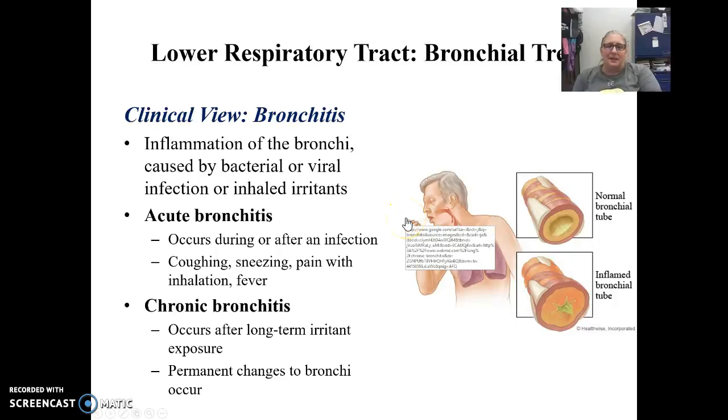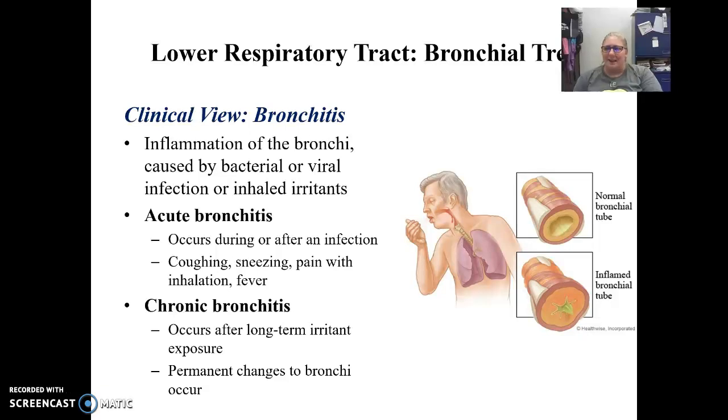A disorder associated with the bronchi is bronchitis. Bronchitis is inflammation of the bronchial airway. And this is usually associated with either a viral infection or bacterial infection, but it can be caused by inhaling certain chemicals or irritants.